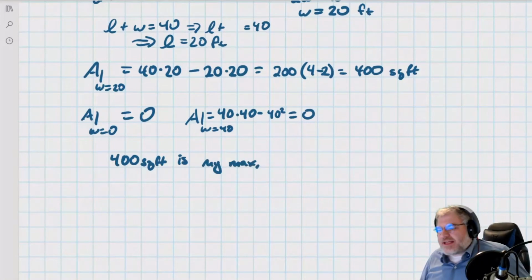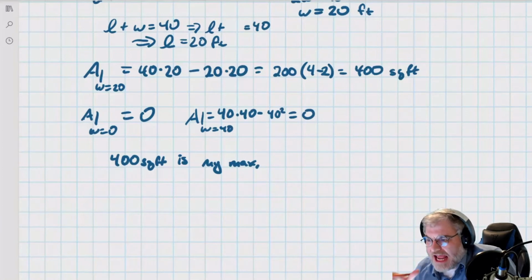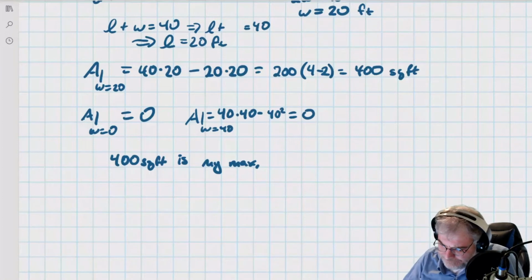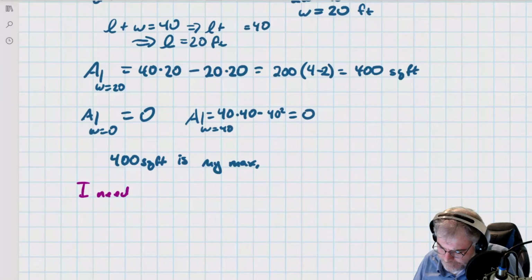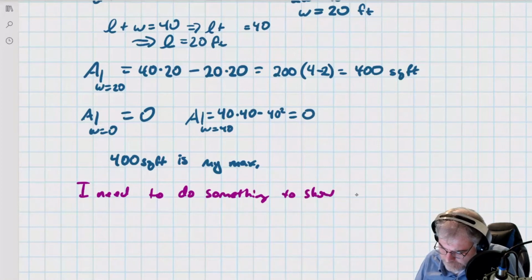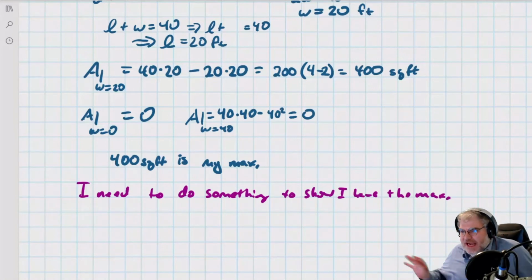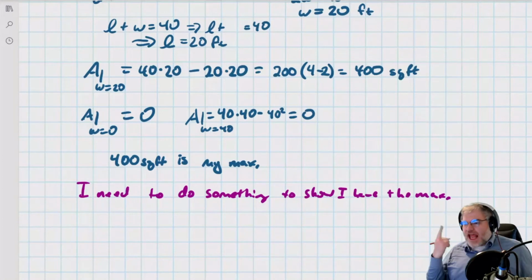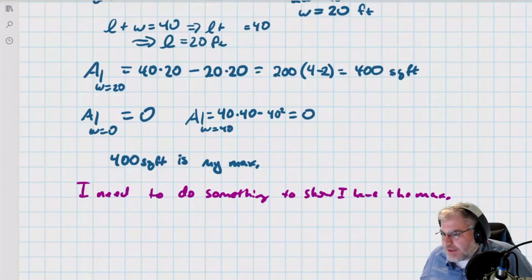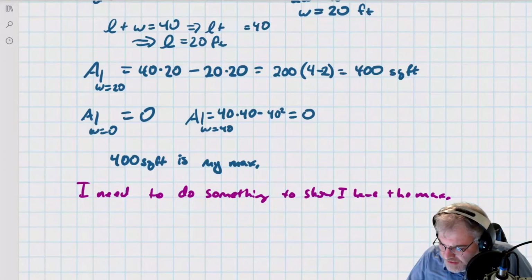Now, I need to do something to check that I have a max. Here, I can get away with it nicely, because I only had one critical value, and I checked the endpoints. So here I can justify it very simply.